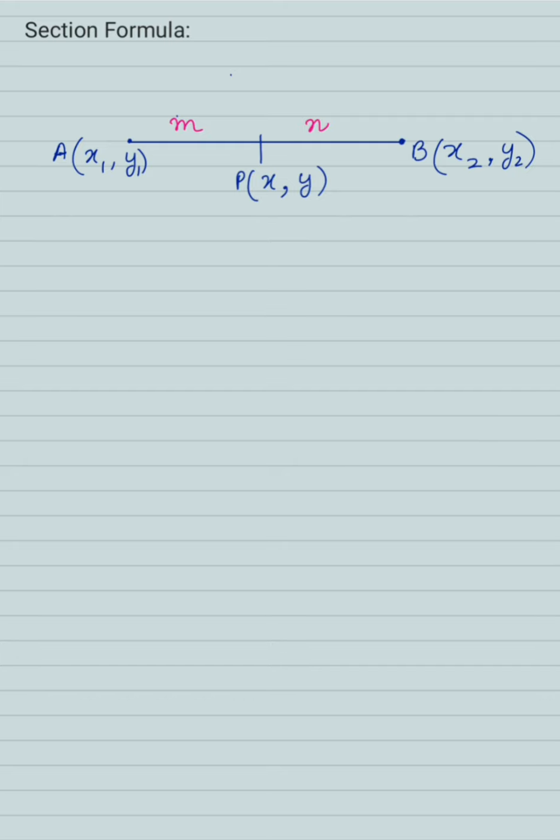Now what does the section formula give? Section formula tells us the coordinates of this point P. So what is the x coordinate? X coordinate is equal to m into x2 plus n x1 upon m plus n.